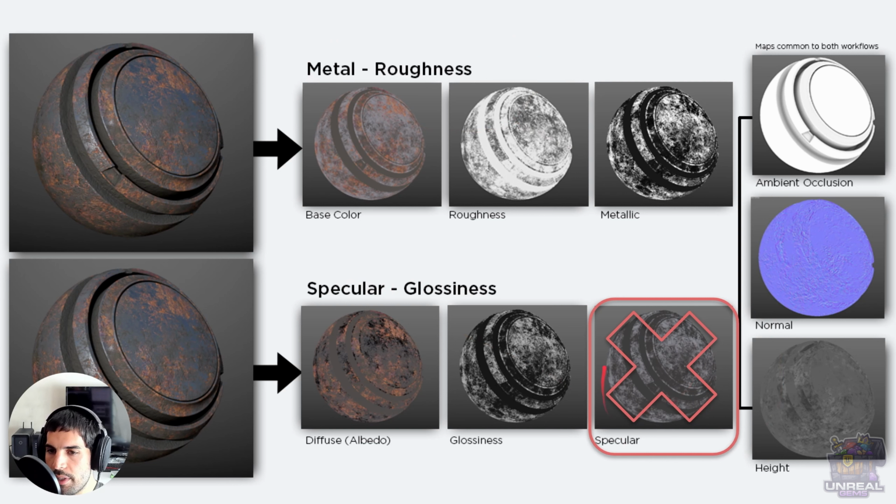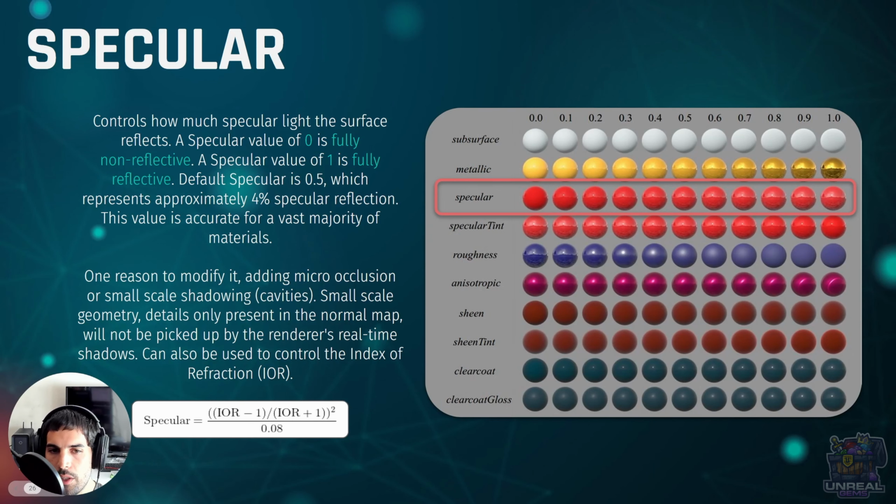In Unreal Engine's case, specular represents some other stuff that we are going to see right now. But remember, it is not, I repeat, it is not the specular map from the Specular-Glossiness workflow. Don't use that, please.